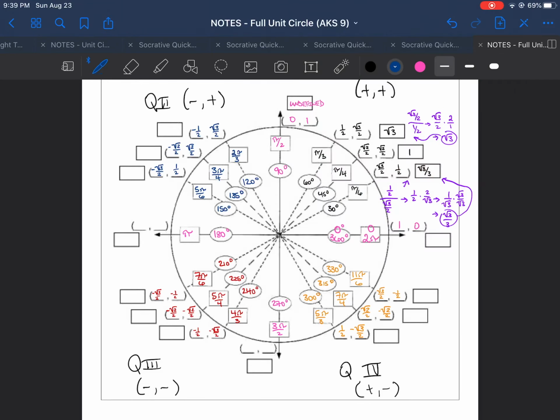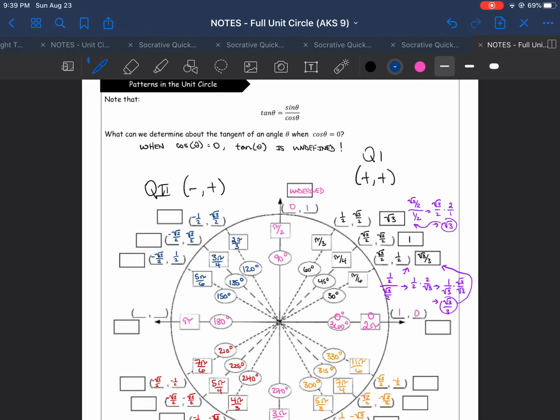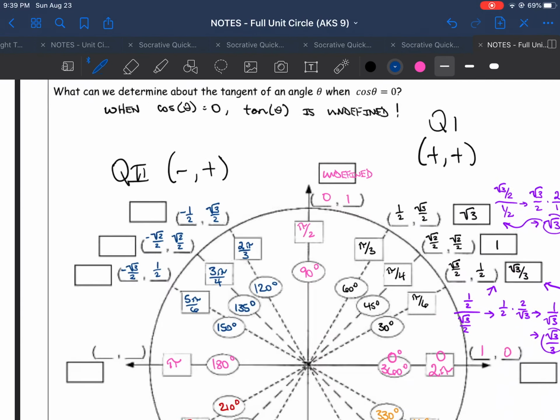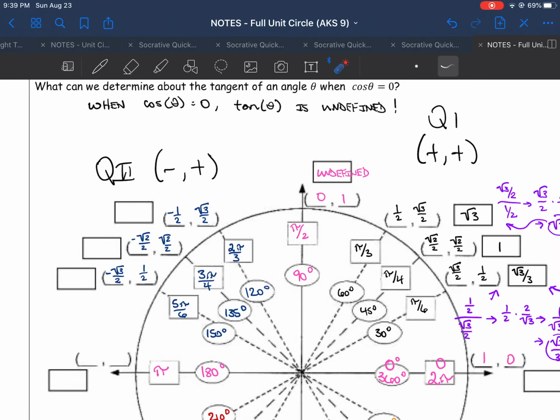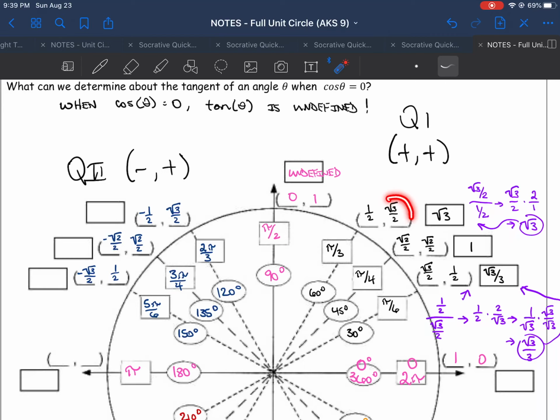So if I'm trying to find the tangent of 120 degrees, well, we already know we're going to take square root of 3 over 2 divided by negative 1/2, but we've already done the math over here. We already know square root of 3 over 2 divided by 1/2 is going to be square root of 3.